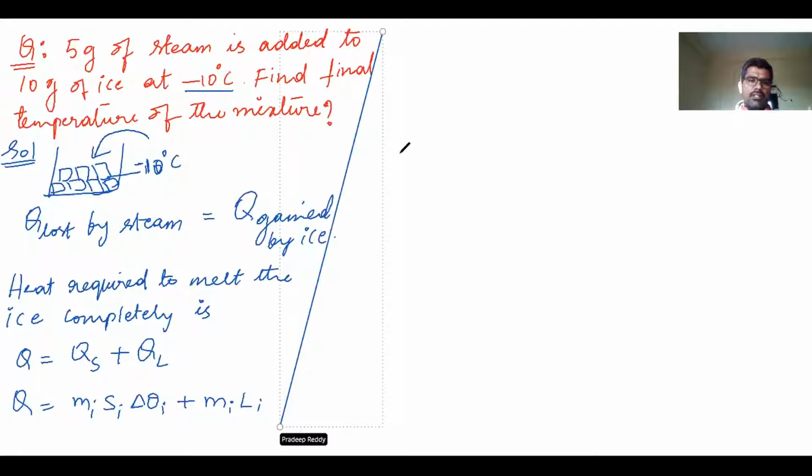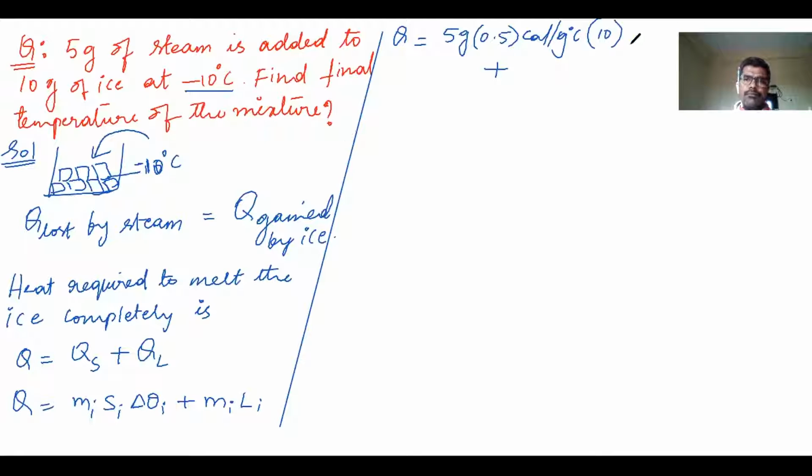Now you should find out that mass of the ice is given 5 grams, specific heat of the ice is 0.5. I'll substitute that here. Q will be equal to 5 gram into specific heat of ice, 0.5 calorie per gram degree Celsius, into change in the temperature of the ice. Ice is at minus 10 degrees Celsius. From minus 10 degrees Celsius, it is brought to 0. So therefore, delta theta will be 10 degrees Celsius, and mass of the ice is 5 gram.